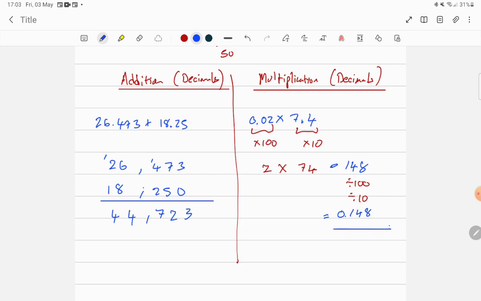So that is essentially a shortcut when you are, well, manually at least, multiplying decimals together. So get rid of that comma, whichever one it is, and then once you get rid of that, multiply it and then divide it by that same 10 or 100 that you did initially.